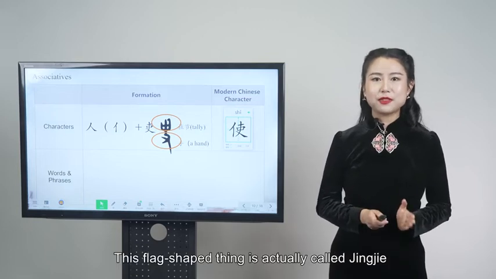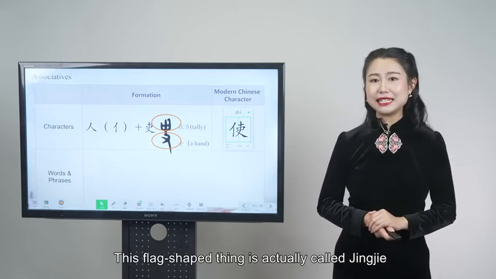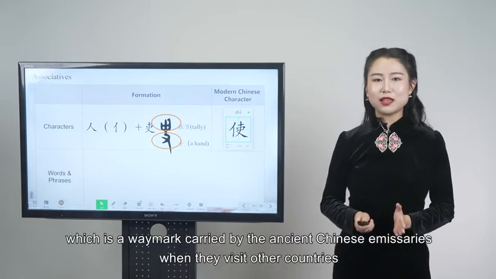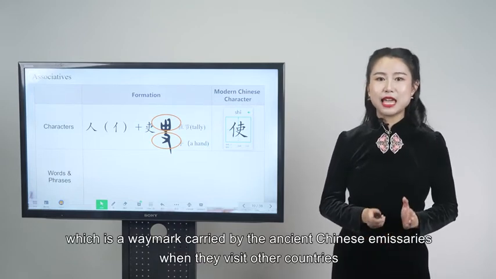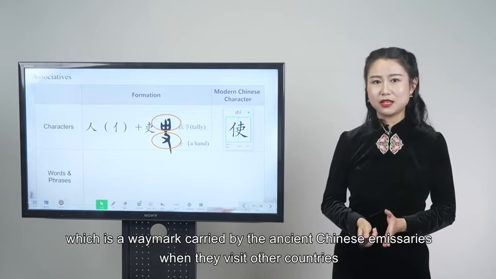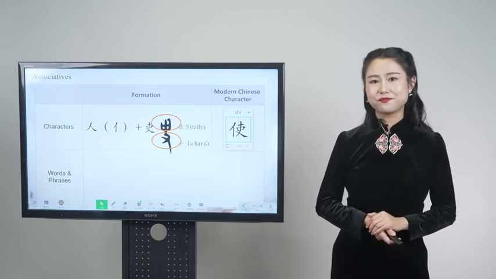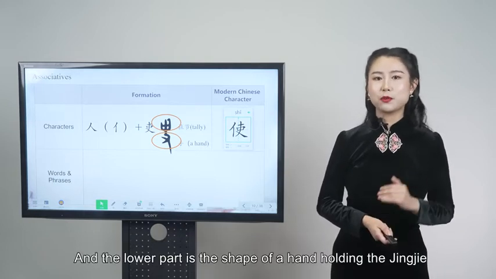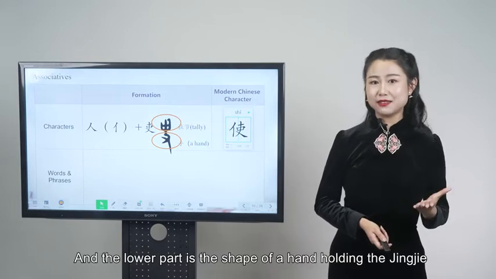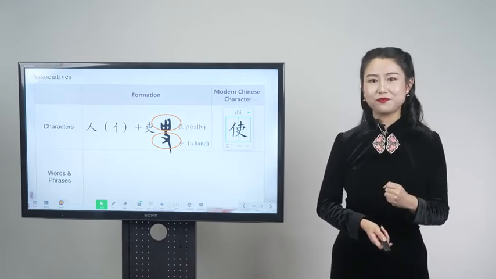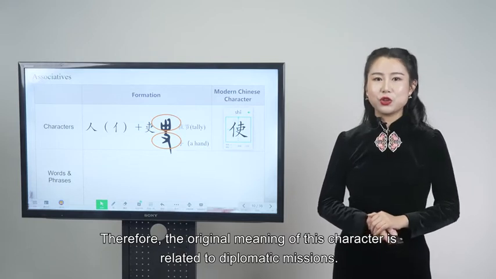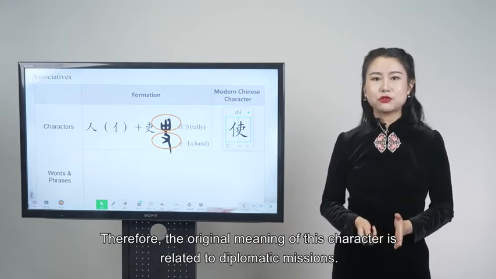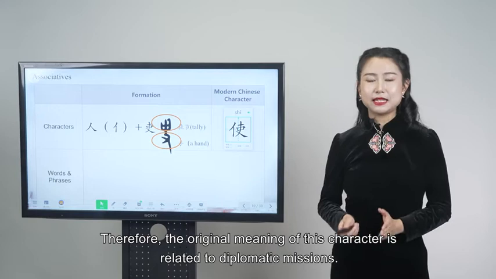This flag-shaped thing is actually called 旌节, which is a way marker carried by the ancient Chinese emissaries when they visit other countries. And the lower part is the shape of the hand holding the 旌节. So the original meaning of this character is related to diplomatic missions.